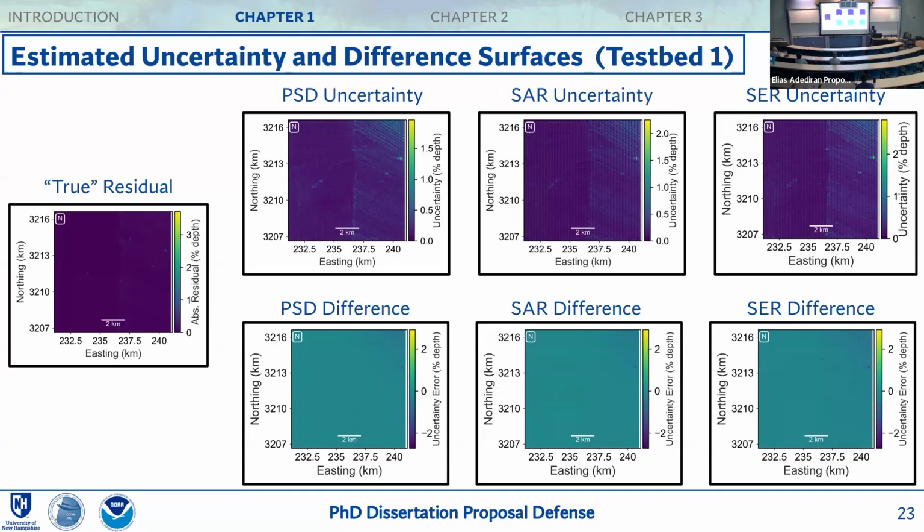The difference is what I'm showing down here. So this is what we get from the PSD method. This is from the SAR estimator, the spatial average range, and this is the SER estimator, the spatial envelope range.